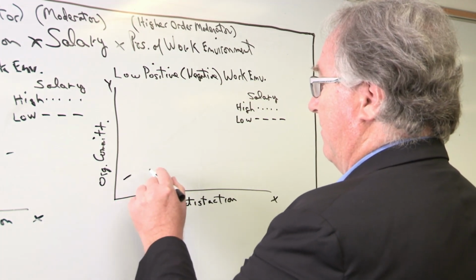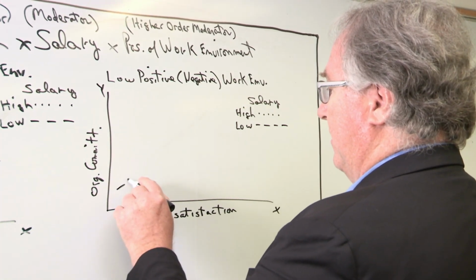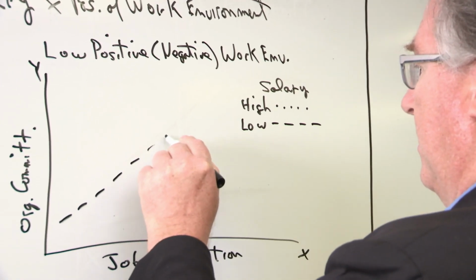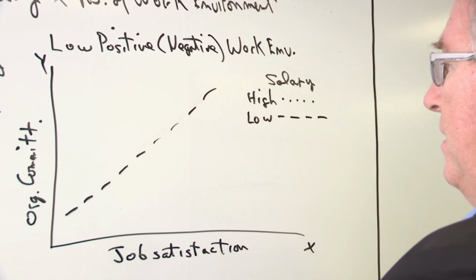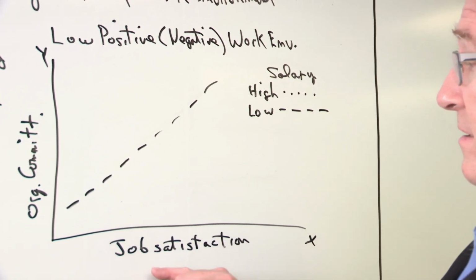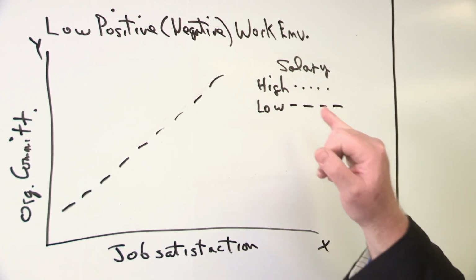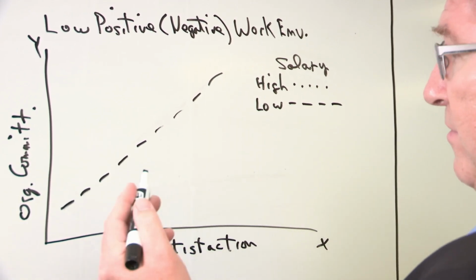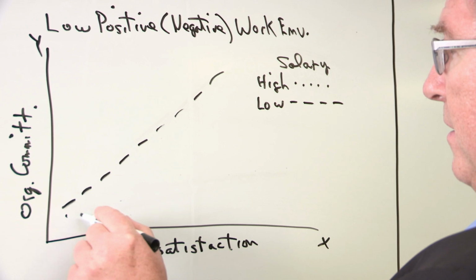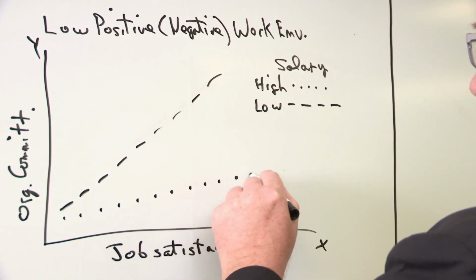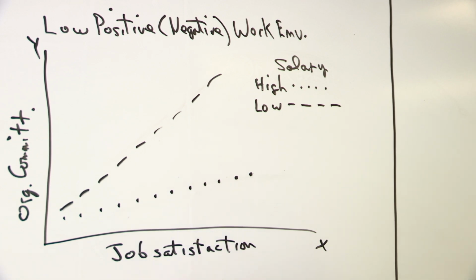So from what we have over here, here we have a strong effect of job satisfaction on organizational commitment among our low salaried employees. We'll just do it like we did it before. But no effect of job satisfaction on organizational commitment among our high salaried employees.